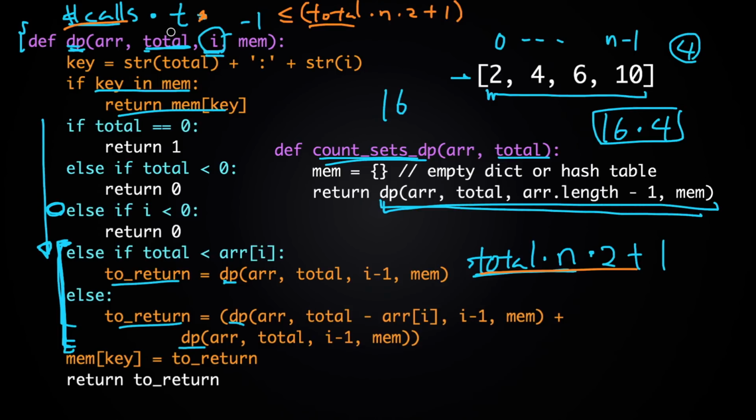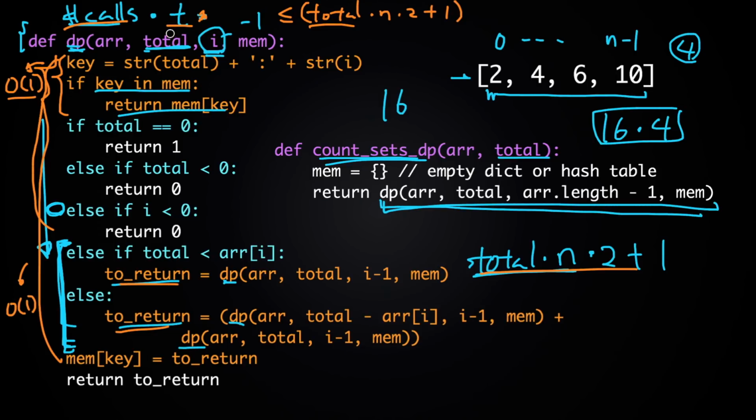And what about the time it takes to execute each of those calls? If you look at each line in this function, except for those recursive calls, each line only takes a constant amount of time, or big O of 1, to execute. And of course, when you add up a bunch of different operations, each taking constant amount of time, they will only take a constant amount of time as a whole.